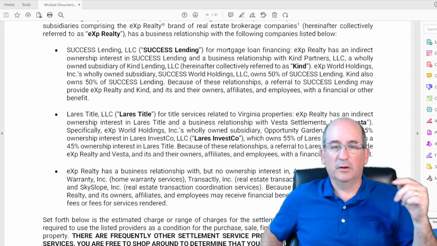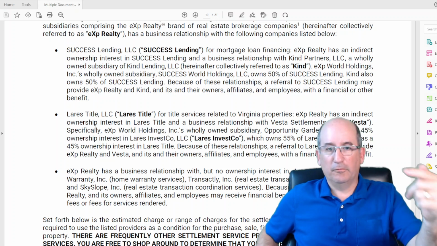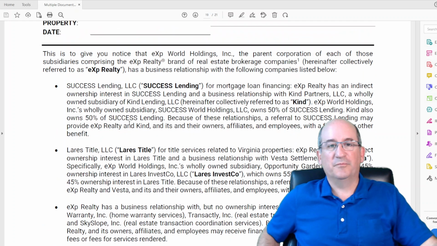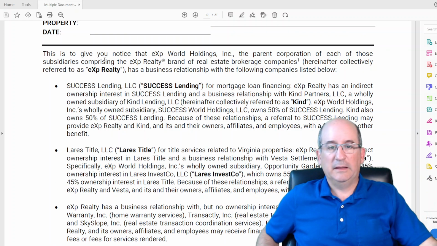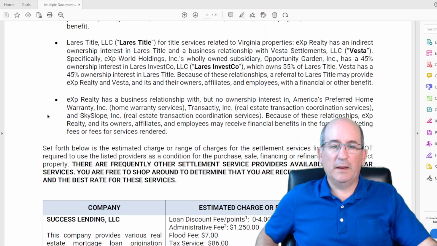That's a harsh word. Could be paid a referral fee if services were recommended from one or the other. And that we have to disclose those financial arrangements because that's the law, and that's why they're doing that.